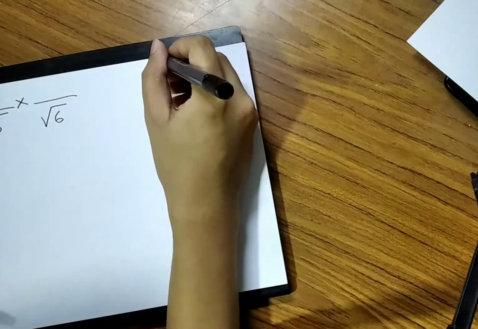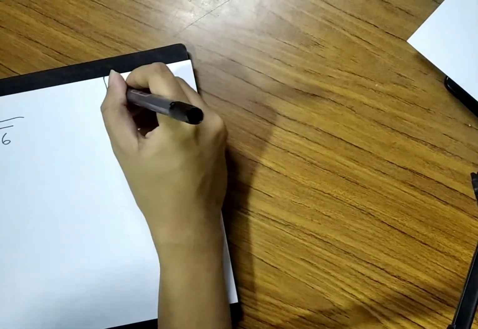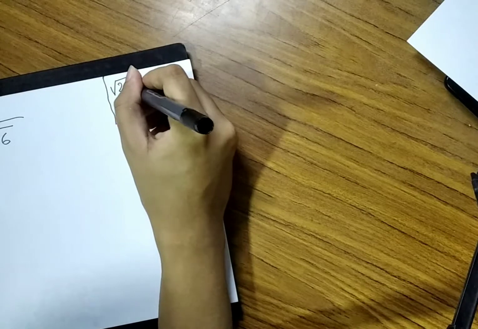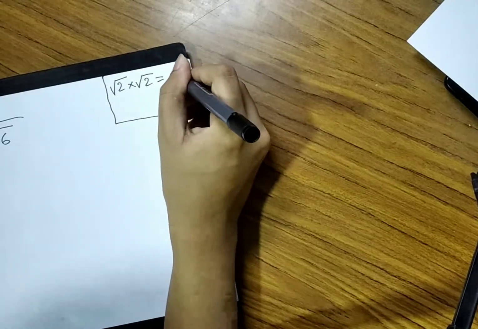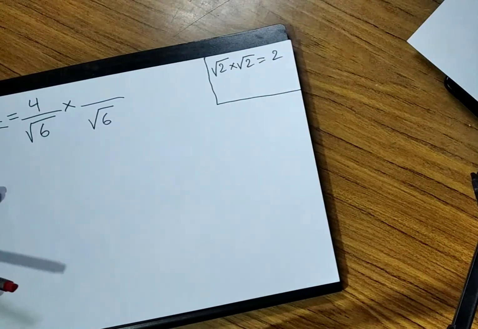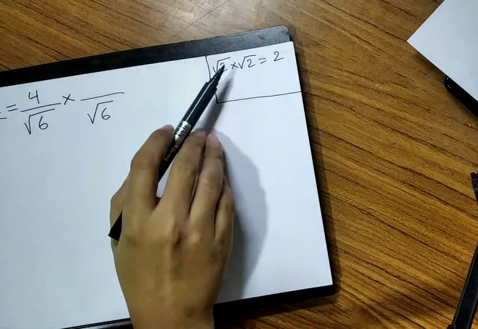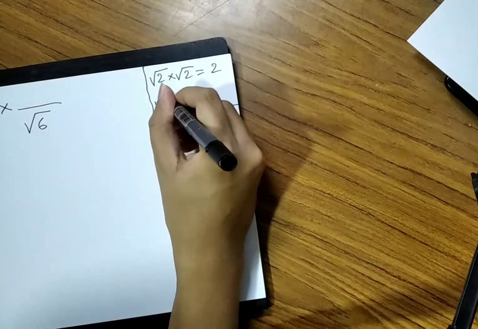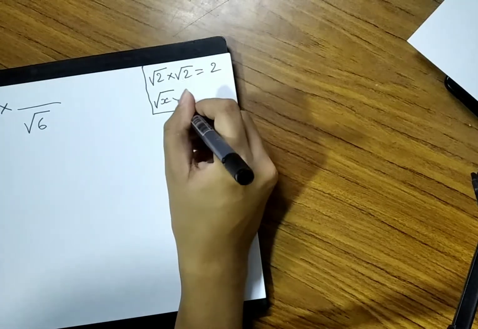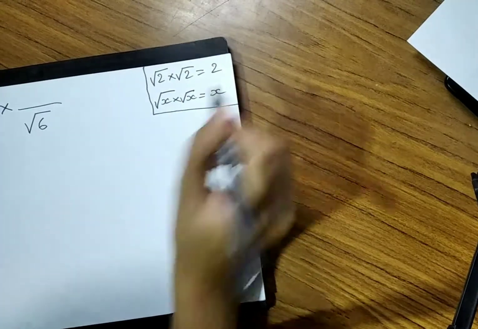I will write a note over here to show you some examples: if we have square root of 2 multiplied by square root of 2, we will have 2. To say it very easily, the root and root get cancelled out. And the next one, let's say square root of x multiplied by square root of x, that can be rewritten as x.